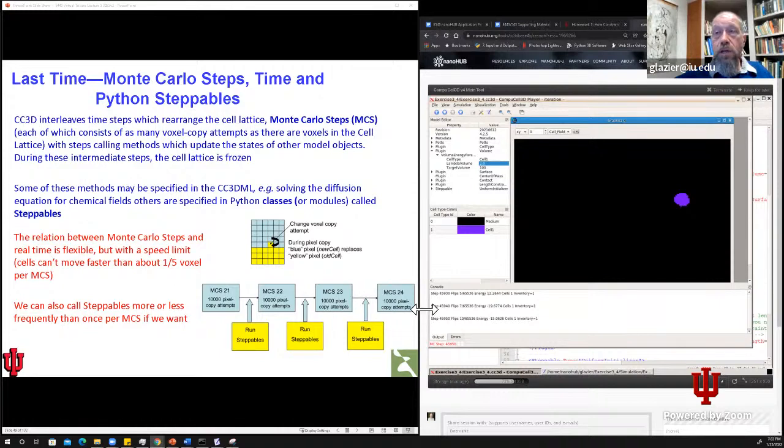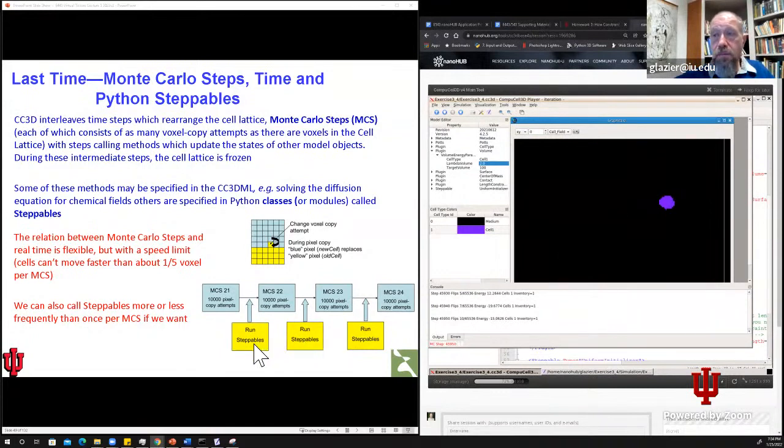Now, in general, that time unit of one Monte Carlo step can be interpreted pretty elastically in terms of real time. But if I know what the scale of the cell is in voxels per micron, or microns per voxel, and I see that the cell moves at a given speed, and I know experimentally how fast it moves, then that gives me a calibration on the time step.